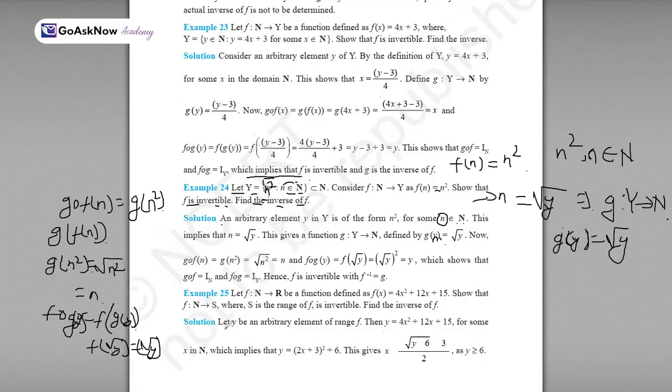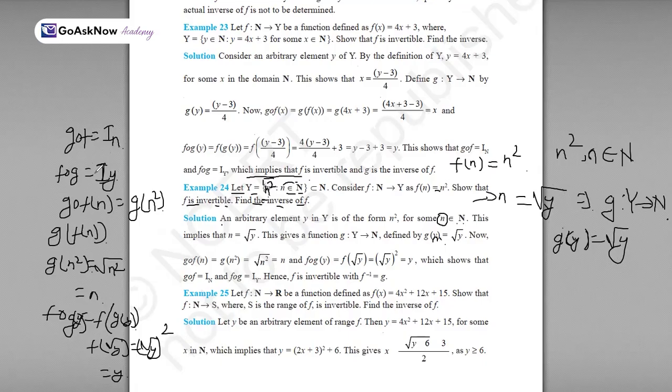So root y square will come out to be equal to y. And we showed that g o f is equal to I_N, the identity function on natural numbers. And f o g is also coming out to be the identity function on Y.